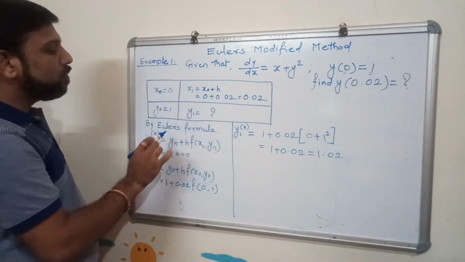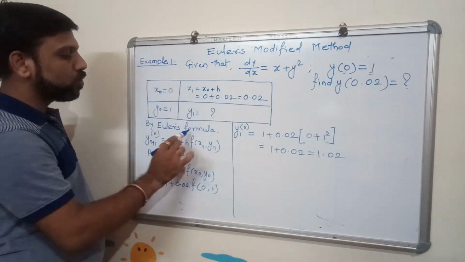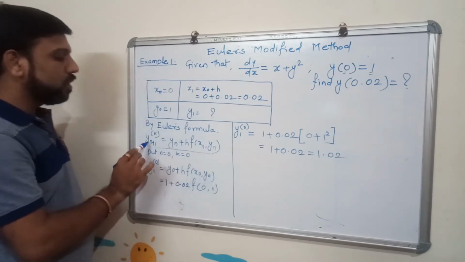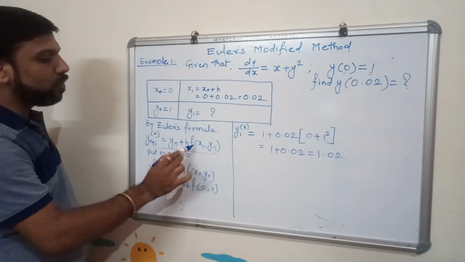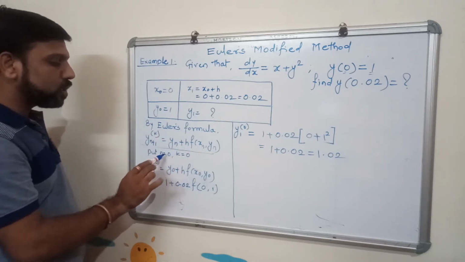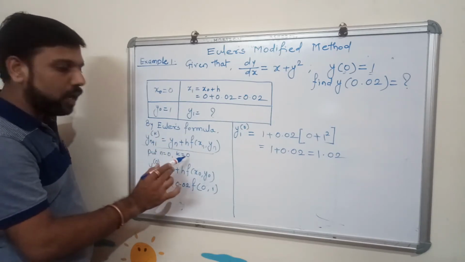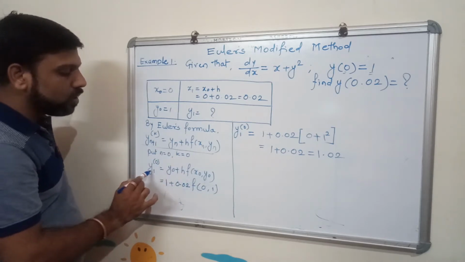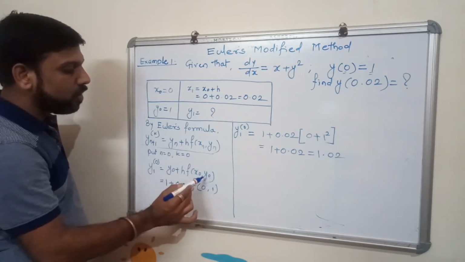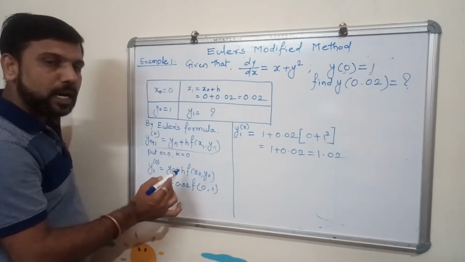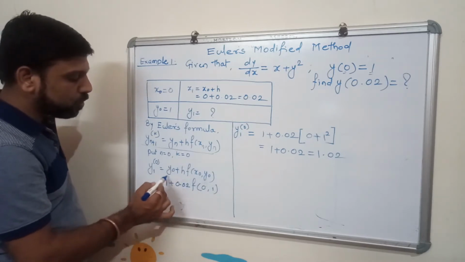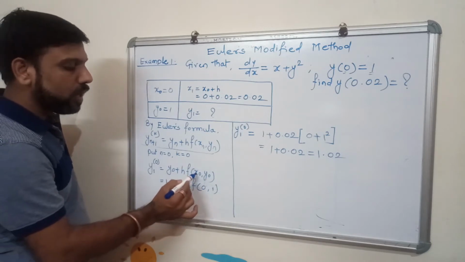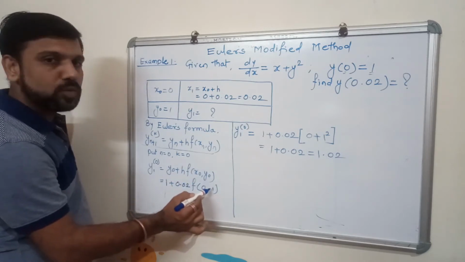Now in this problem first we will use Euler's formula. So here we have written Euler's formula y_{n+1}^{(k)}. In this formula substitute n equals 0, k equals 0. So this formula becomes y1^{(0)} and this expression. All these values we know from the table format. So substitute y0 value 1, h is 0.02, x0 value 0 and y0 is 1.